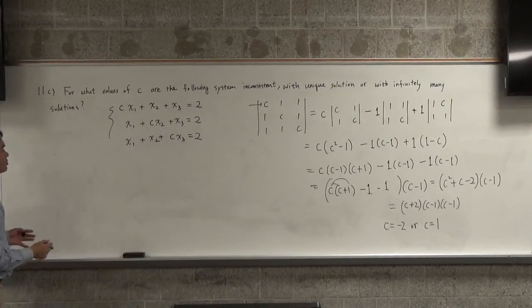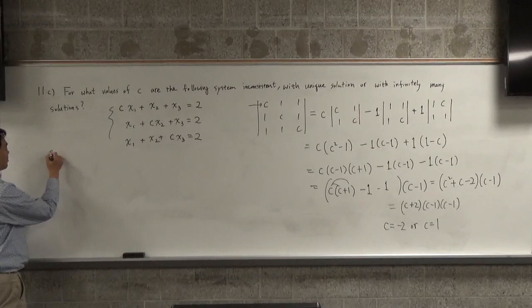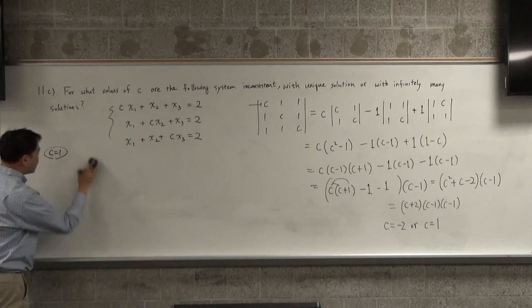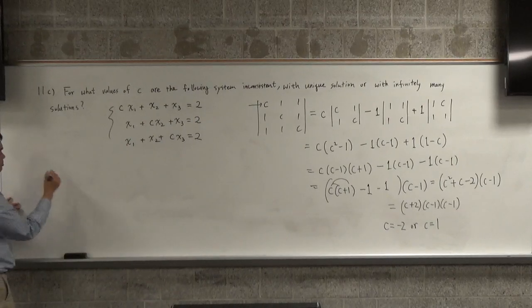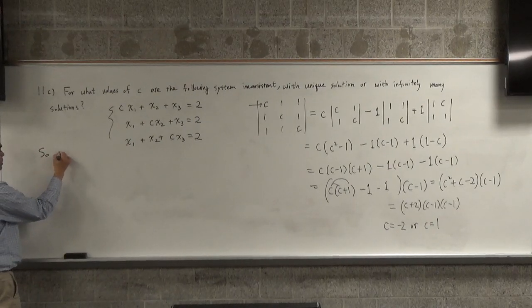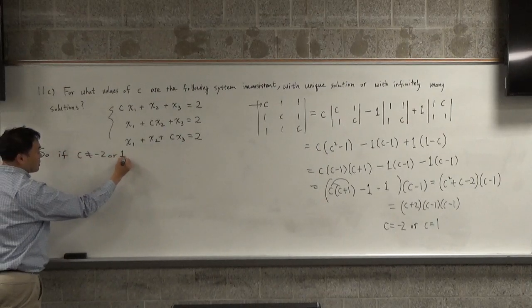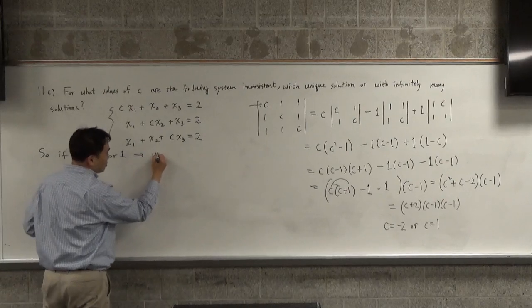So then you can say, well, for the case C is equal to 1, maybe I should write down the conclusion first. So if C is not negative 2 or 1, there will be a unique solution.